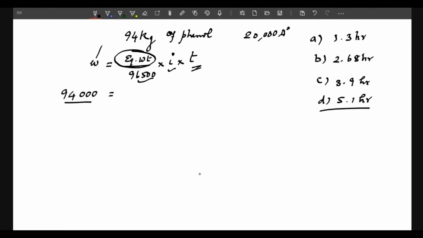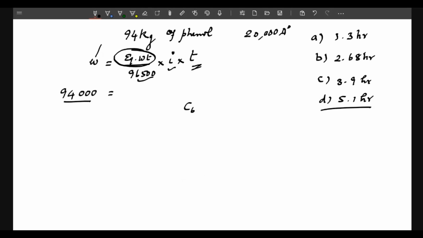And the equivalent weight, how to find out? Write down the bromination reaction of phenol plus Br2 giving what product? C6H4BrOH, bromophenol. Is it dibromo, tribromo, or monobromo? You should be very careful. It is given that phenol was monobrominated. Therefore, I have written it like this, and the remaining is HBr.